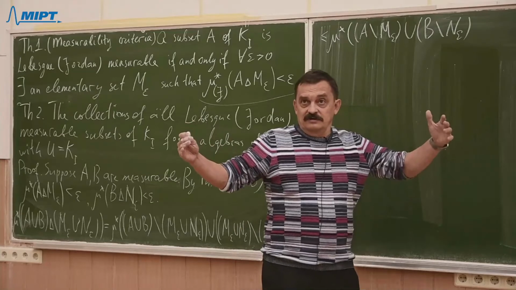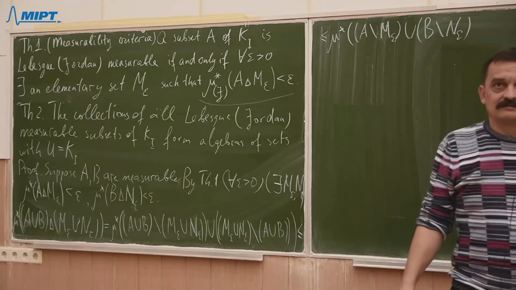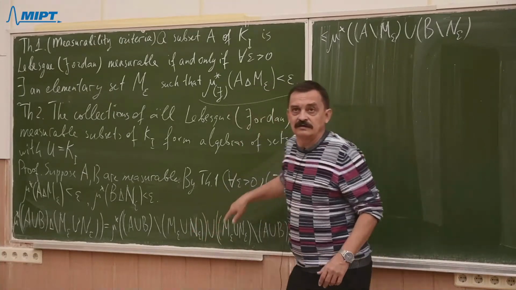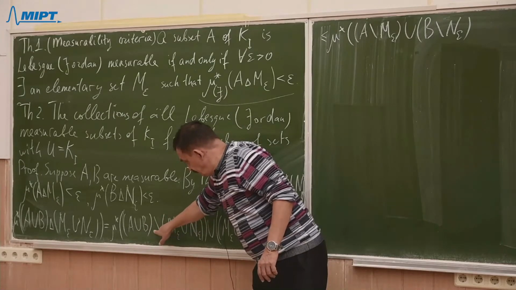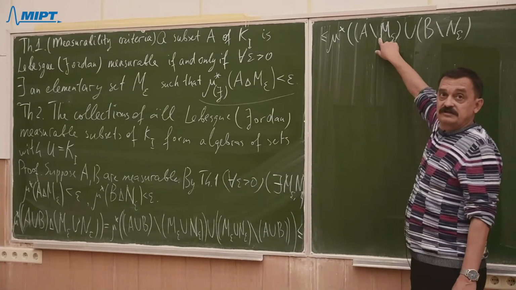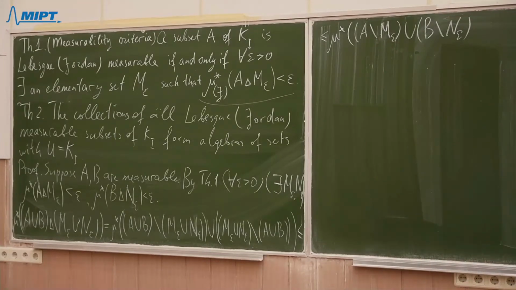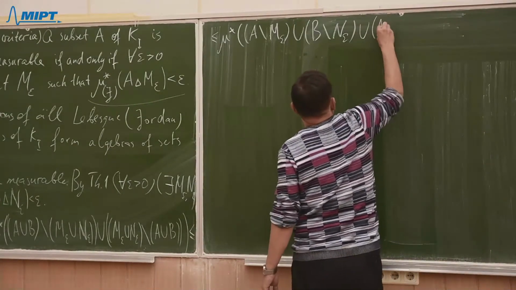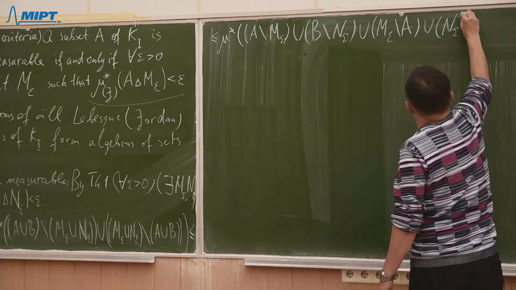Of course, it means that this set is greater than that one, because here I consider everything which is not in the union, but now it is sufficient to consider everything which is not in one of them. So that is the subset. Obviously, for the second, M_ε minus A together with N_ε minus B.